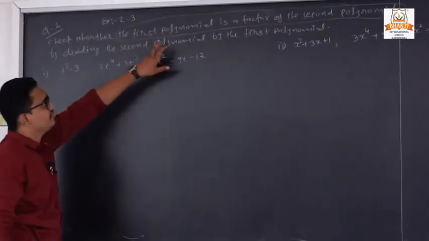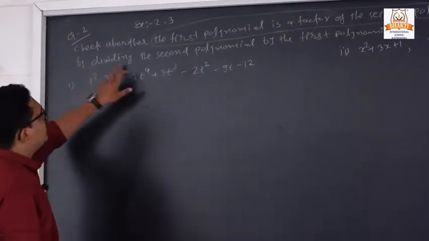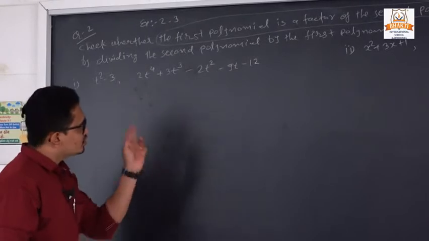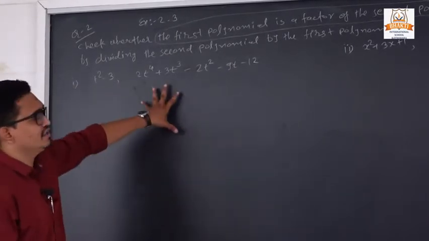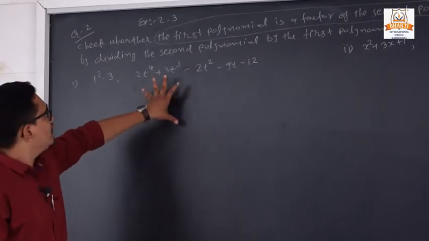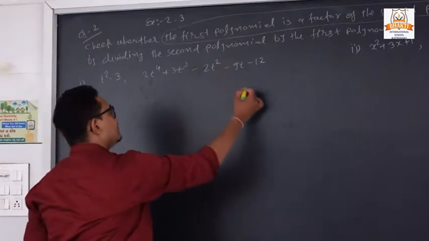Check whether the first polynomial is a factor of the second polynomial or not by dividing the second polynomial by the first polynomial. So what does it mean? Here we have the same concept, but the question is different. For that, we have one condition.